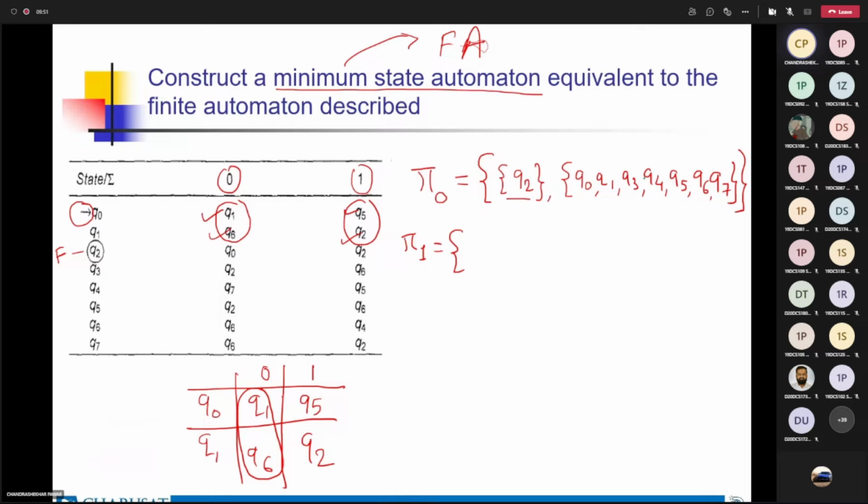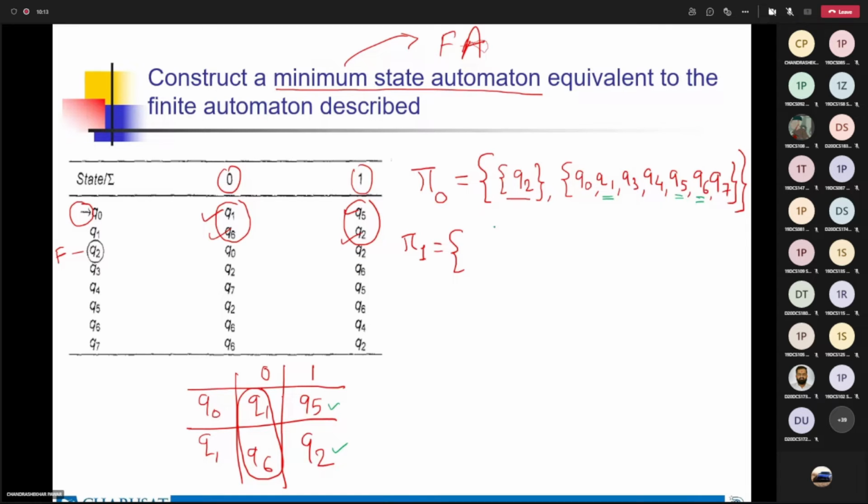Now Q1 and Q6. Q1 is in this set and Q6 is also within the same set. Okay, so we have to check for the next, Q5 and Q2. Q5 is in the set, but Q2, if you observe, is within another set.